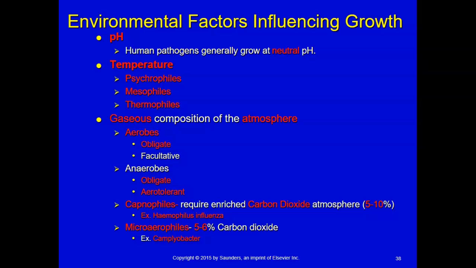We put the lid on the jar, and the candle goes out when all the oxygen is used up. So if you don't have a CO2 tank, you can try a candle jar, but it's not very effective, honestly. Microaerophilic organisms require a reduced level of oxygen, around 5 to 6%. An example of a microaerophile is a Campylobacter species.